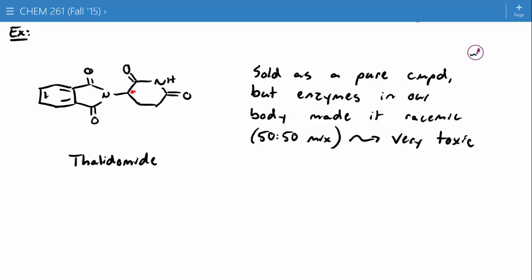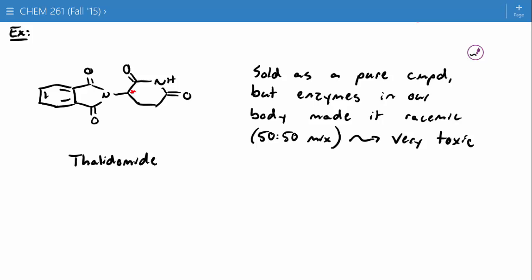So when they sold it as a one-handed version, as soon as you ingested it in your body, your enzymes went to work and actually scrambled that stereocenter. So occasionally enzymes in your body will take a pure one-handed molecule and scramble it so that when it's done with the enzyme, it comes out as being both-handed.